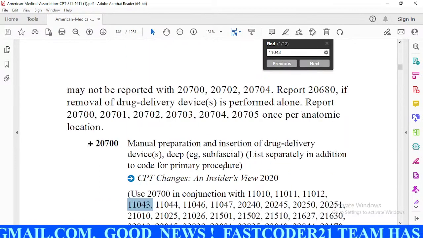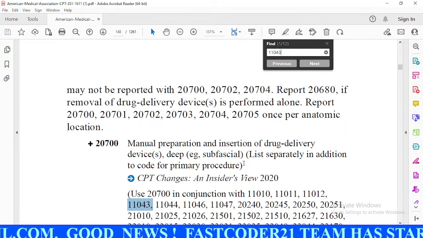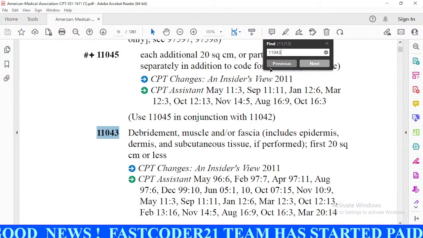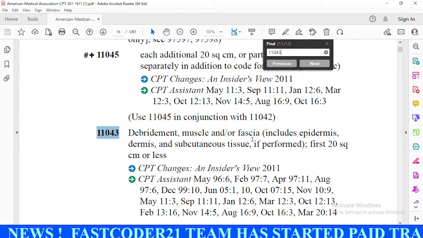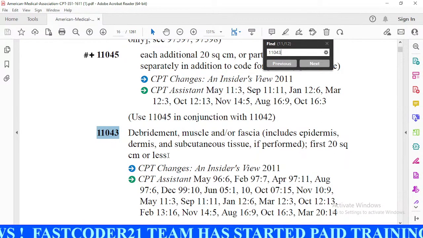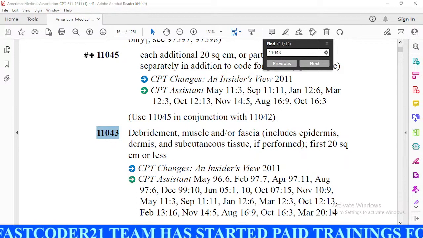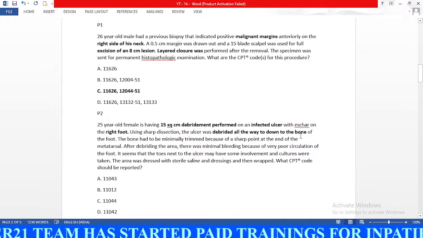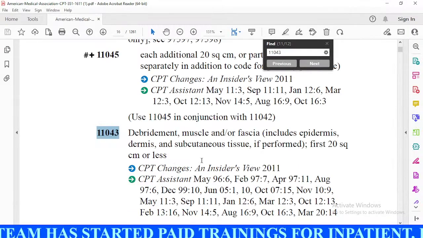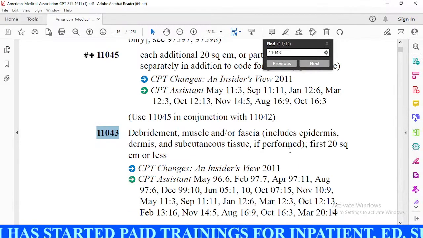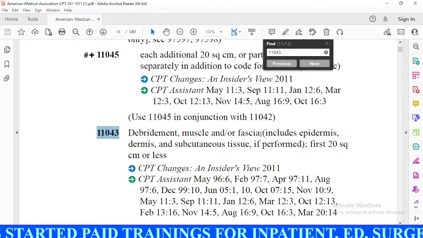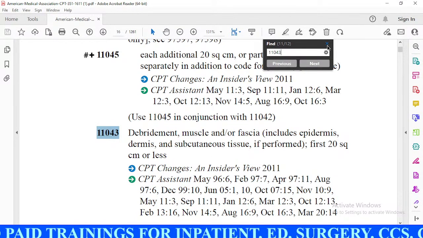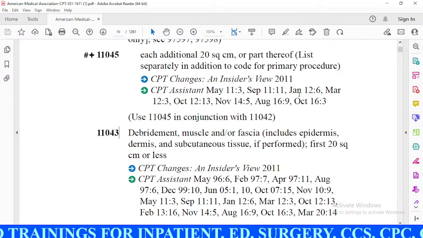That is the important concept here. 11043 is debridement, muscle and fascia, first 20 square centimeters or less. Based on our question, it was debrided all the way down to the bone, but 11043 is for debridement of muscle and or fascia only, until the fascia. So 11043 is wrong. We will check 11012.